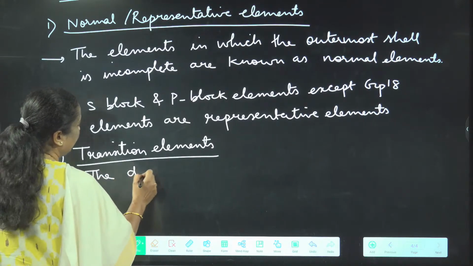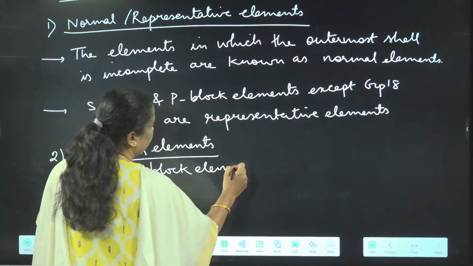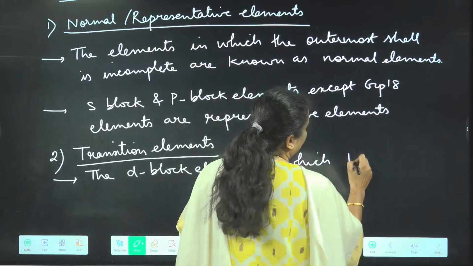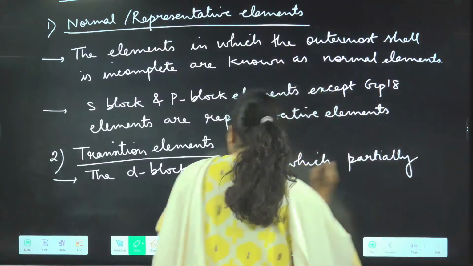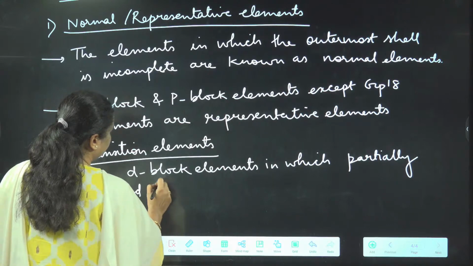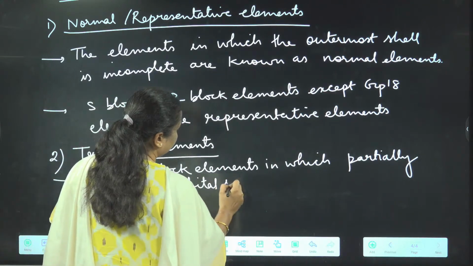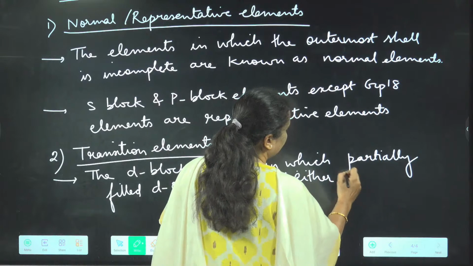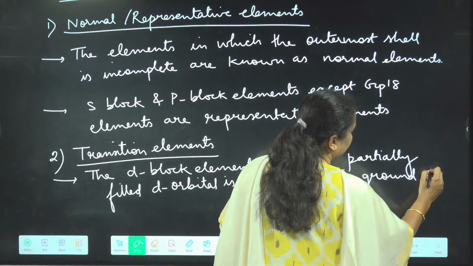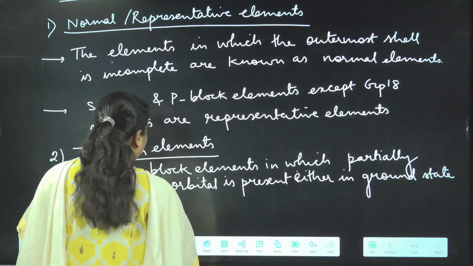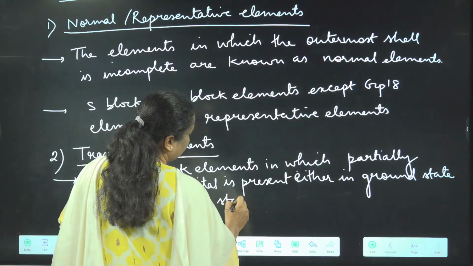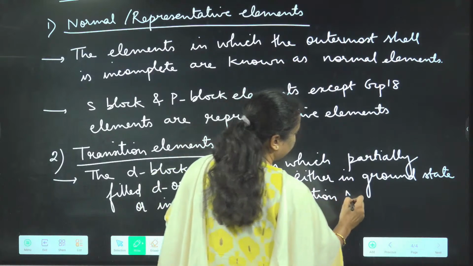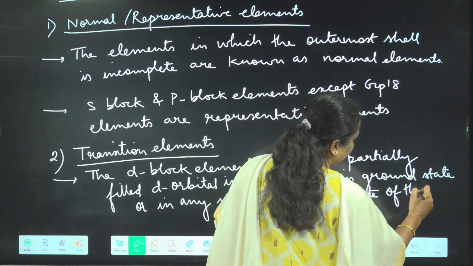So I can write this: the D block elements in which a partially filled d orbital is present either in the ground state or in any stable oxidation state of the element.